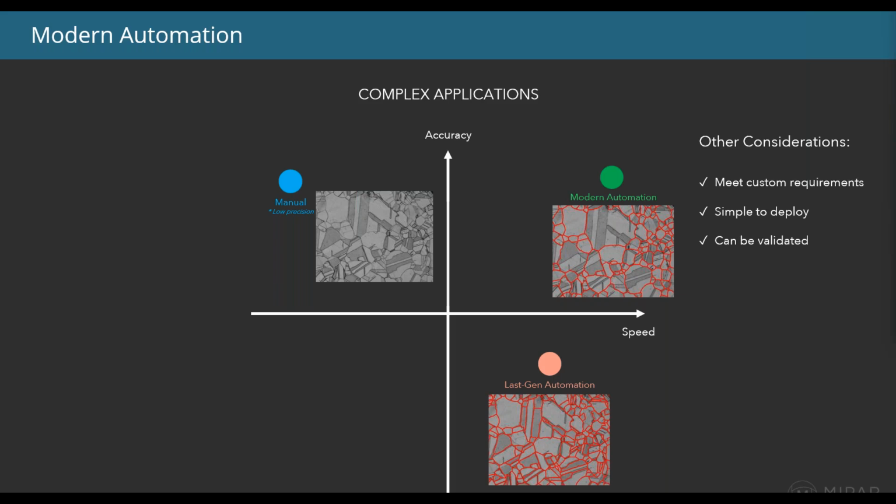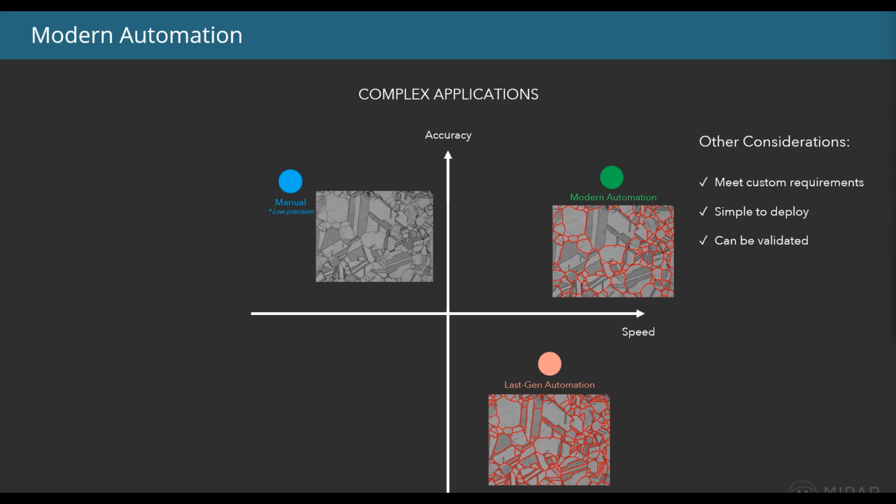A simple eye test goes a long way as far as whether the features are accurately found, but there are more rigorous projects we can run, gauge studies, for example, between the manual results and the automated results in order to provide some numerical justification for why the automated results should be trusted.